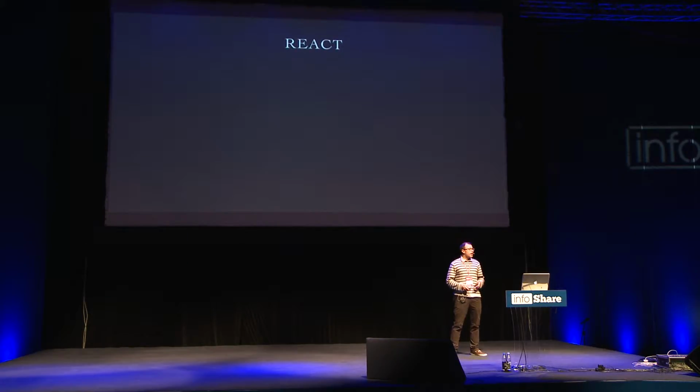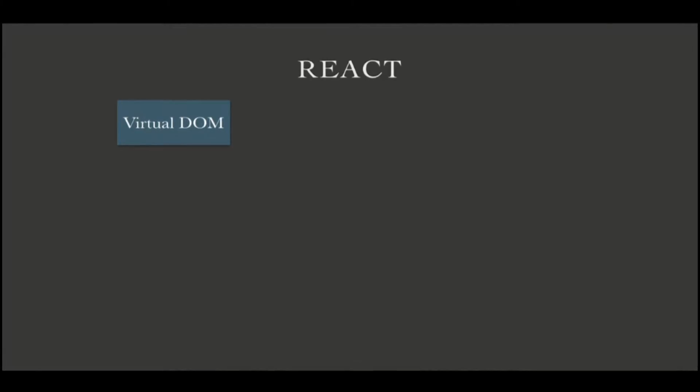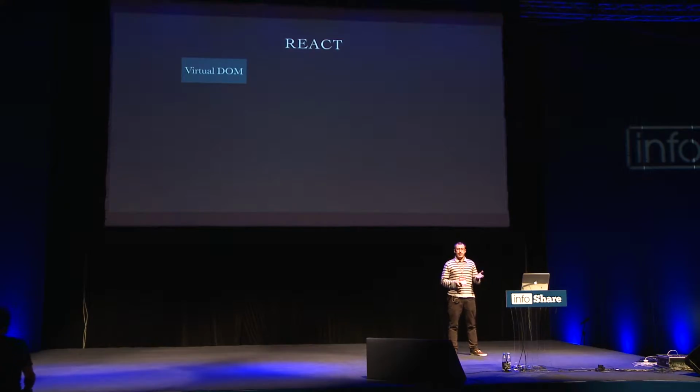When we think about React, the first thing that pops up is the virtual DOM. We all know that the DOM was not created with very rich and dynamic UIs in mind. It was created rather to make static pages. That's why Facebook came up with the virtual DOM, an abstraction of the DOM kept in memory.